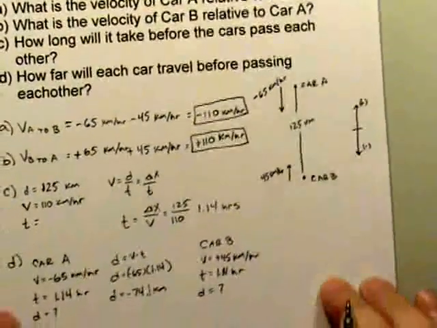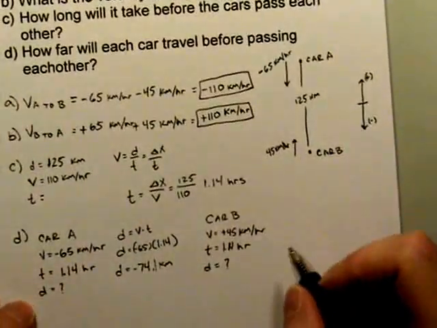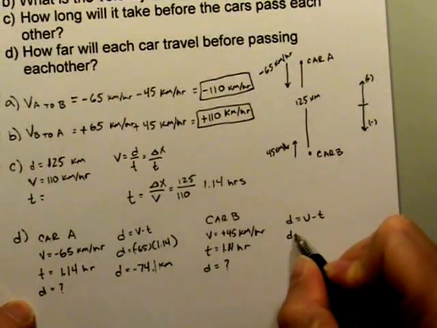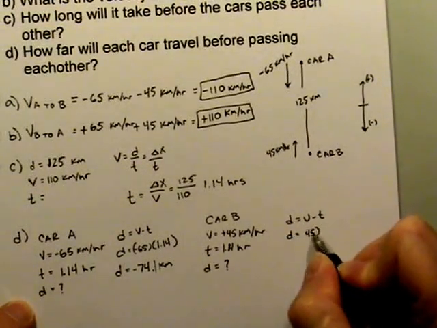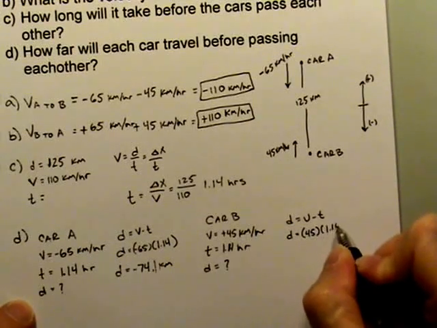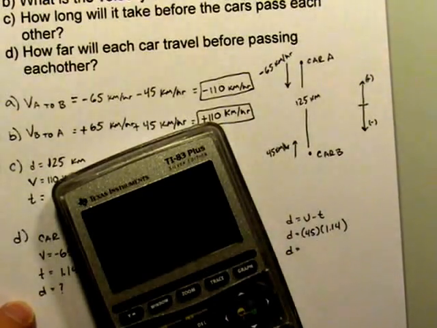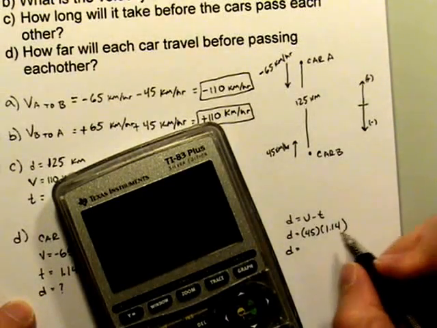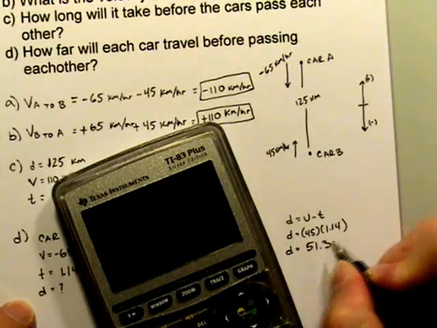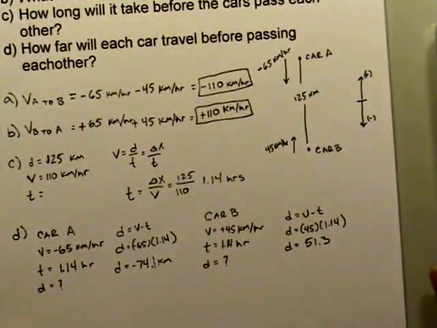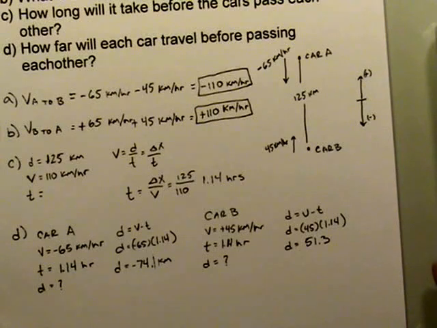And over on the other side, for car B, we would use the exact same equation. d is equal to v times t. So d is equal to positive 45 times 1.14, and that's 51.3.